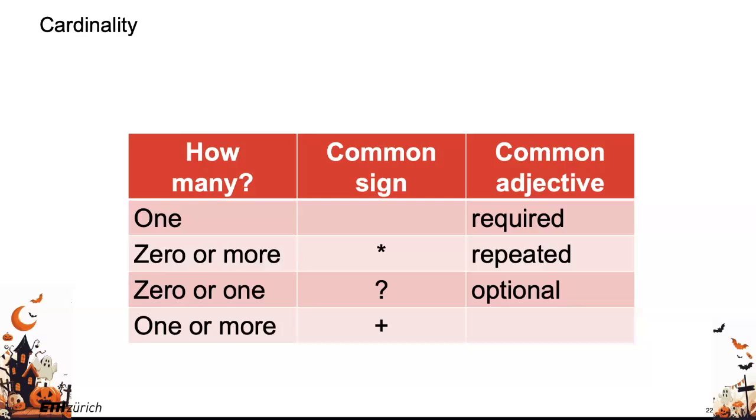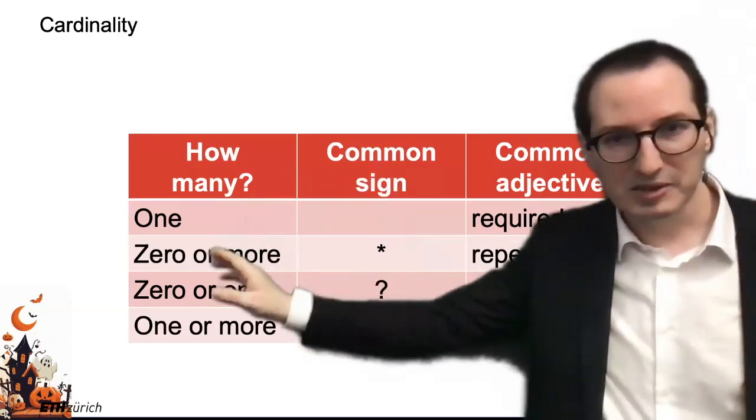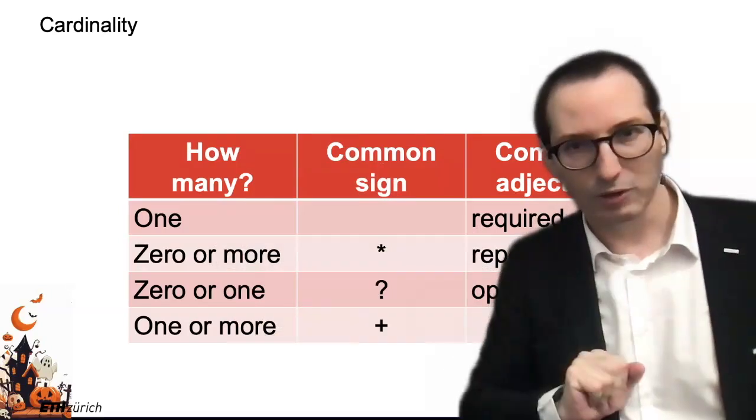You can basically say that it can have 0 or more child elements with that name, or it can have 1 or more child elements with that name, or it can have 0 or 1 child elements with that name, or it can have exactly 1 child element with that name. So these are the 4, right? So 1, 0 or more, 0 or 1, 1 or more.